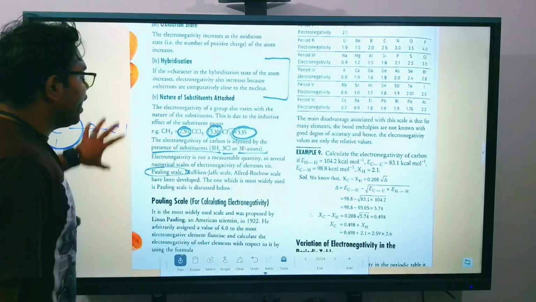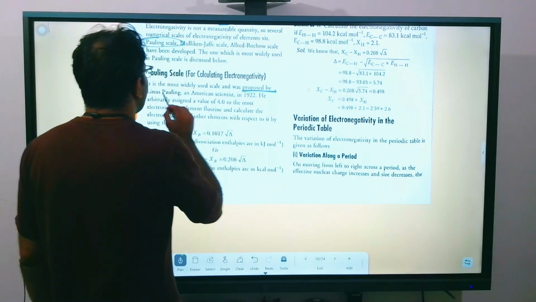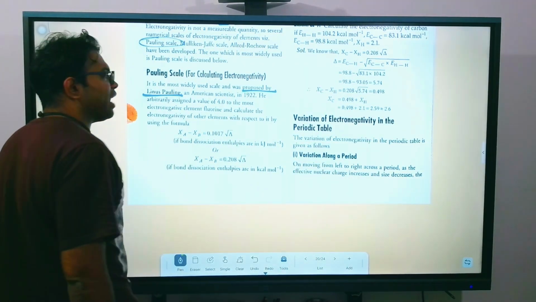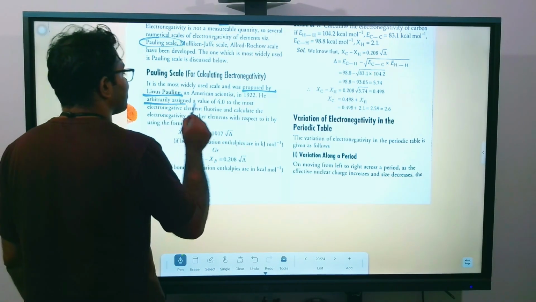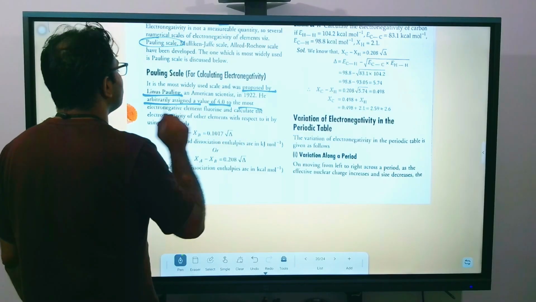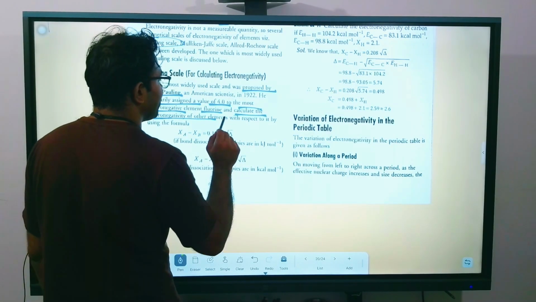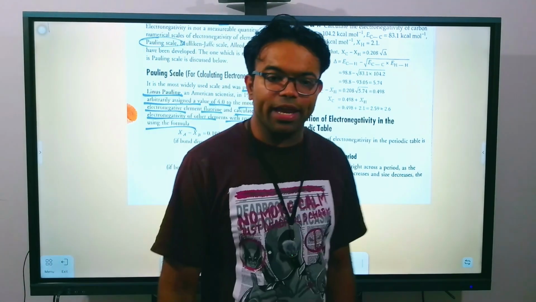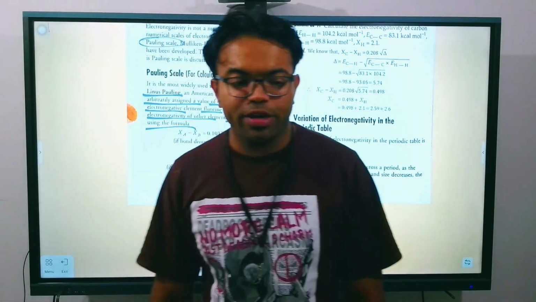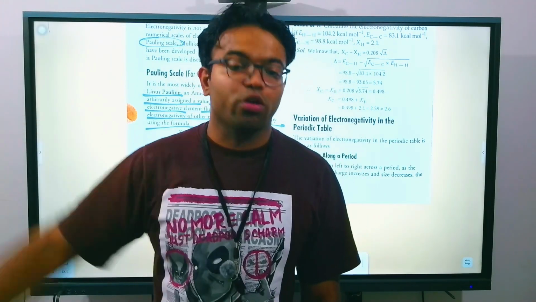Okay. It is the most widely used scale and was proposed by Linus Pauling, an American scientist, in 1922. He arbitrarily assigned a value of 4 to the most electronegative element, fluorine, and calculated the electronegativity of other elements with respect to fluorine. Because fluorine was the most electronegative element, they assigned 4 to it.